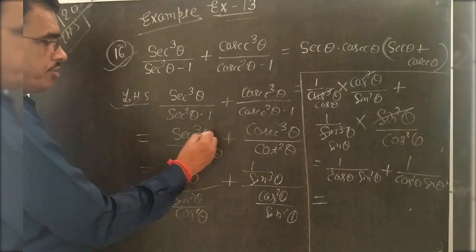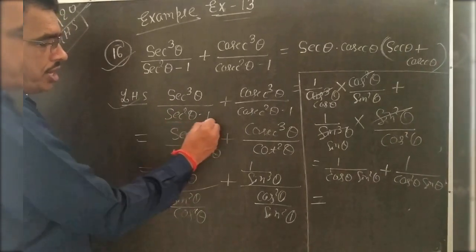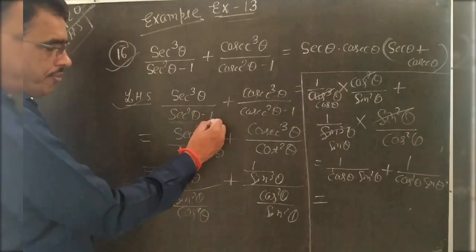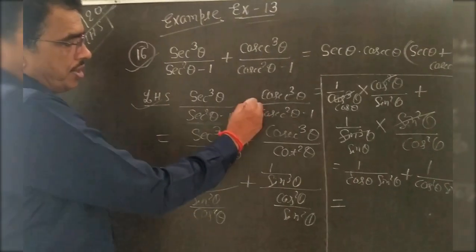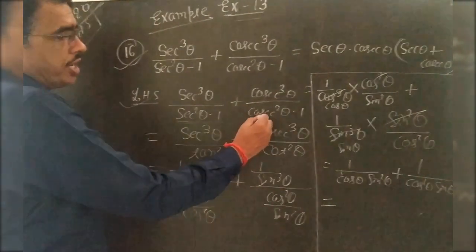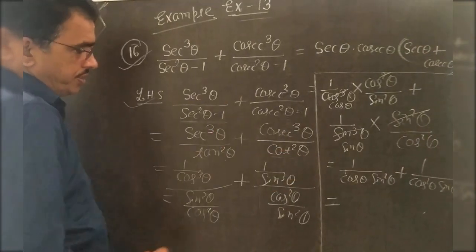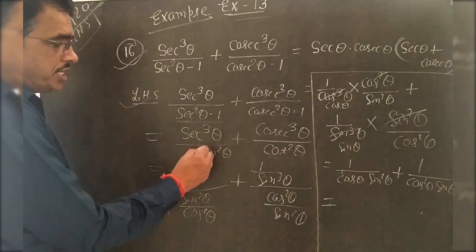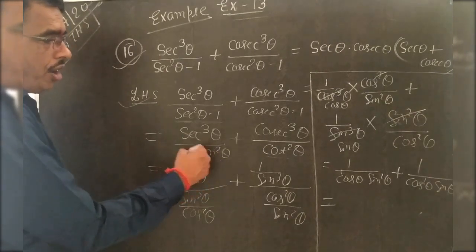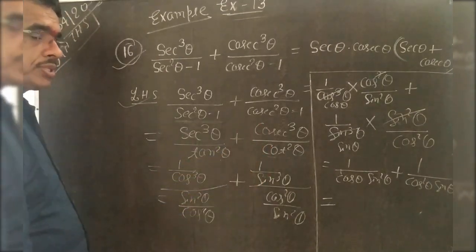This is sec cube theta over sec square theta minus 1, which is the formula of tan square theta, plus cosec cube theta over cosec square theta minus 1, which is the formula of cot square theta. After that we change sec, tan, cot, cosec into sin and cos.